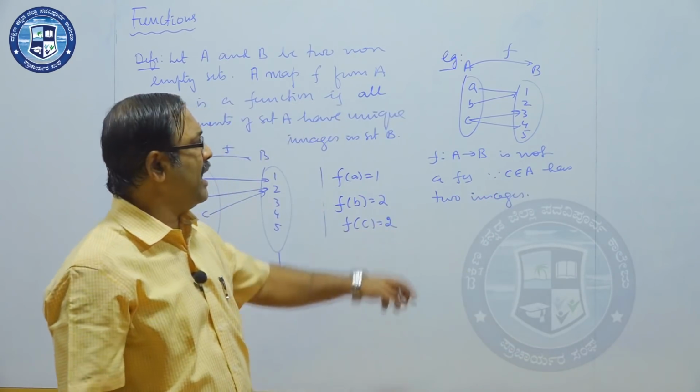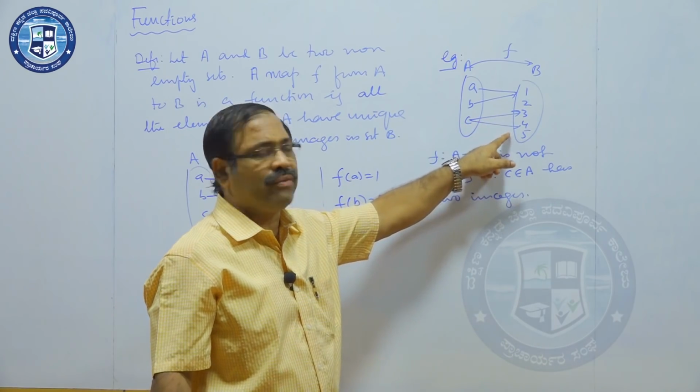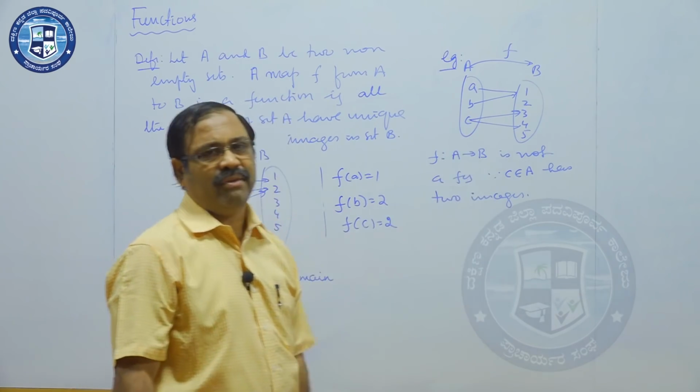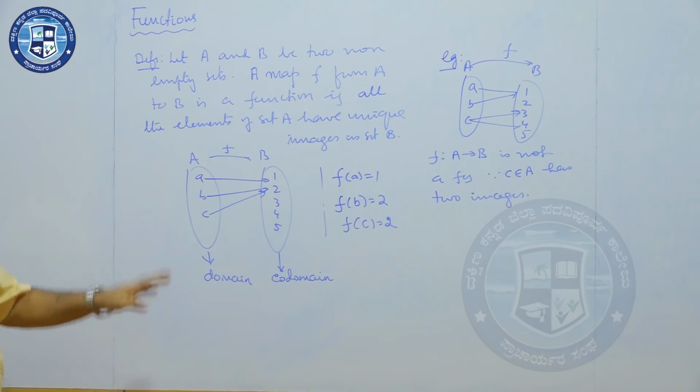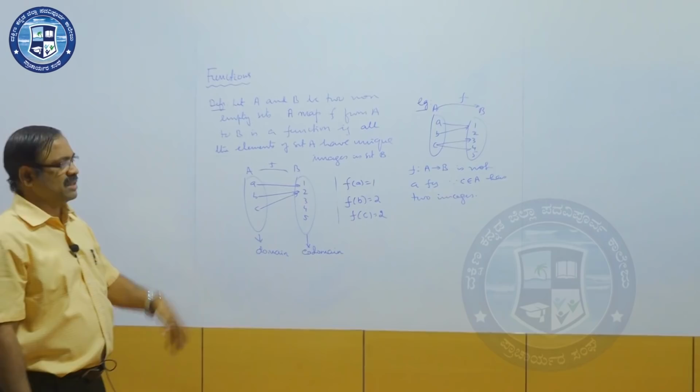C has got image 3, C is mapped onto 4. Therefore, the image is not unique, hence it is not a function. So this is the basic definition of a function. This is what you have studied in first year.